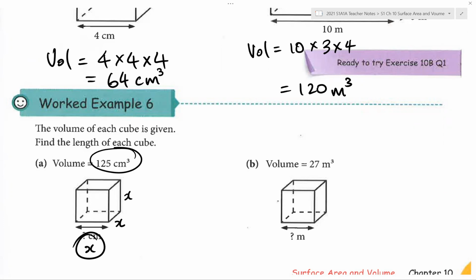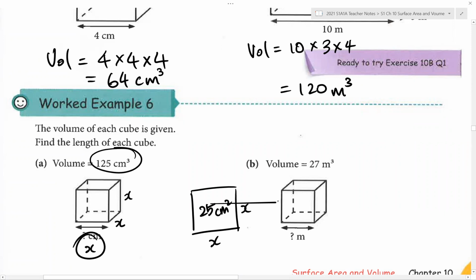It is very similar to what you did for a square. X times x. If I tell you that the area is 25 square centimeters, what will you do to 25 to find one side? Square root. You square root 25 to get the answer, isn't it?